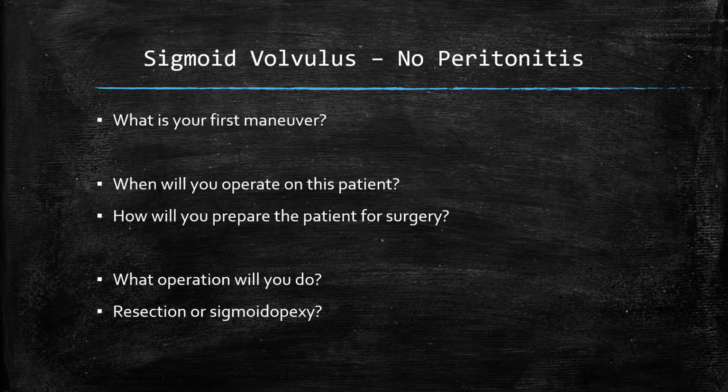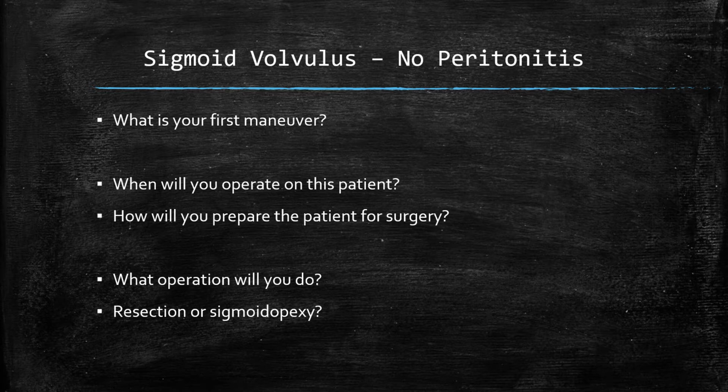Well, what operation do you want to do? There's a couple of choices, but only one is reasonable. You need to resect this colon. The redundant colon needs to be removed. Theoretically, excuse me, you could consider doing a sigmoidopexy, but this will universally fail.